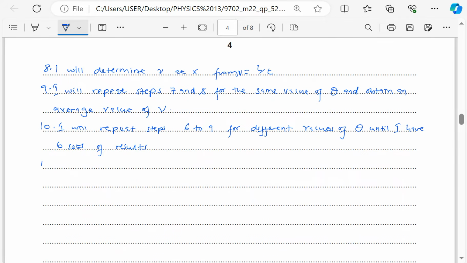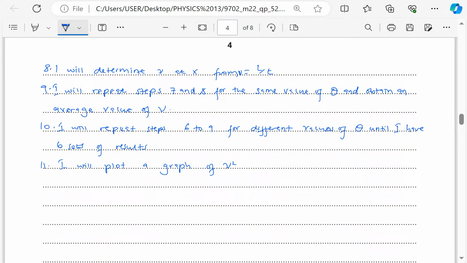So now it is time for analysis. Step number 11. Which graph will I plot? I've already seen which graph I will plot, so I'll just tell the examiner I will plot a graph of v squared.